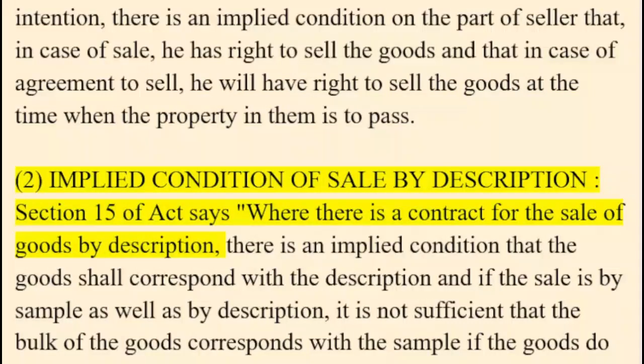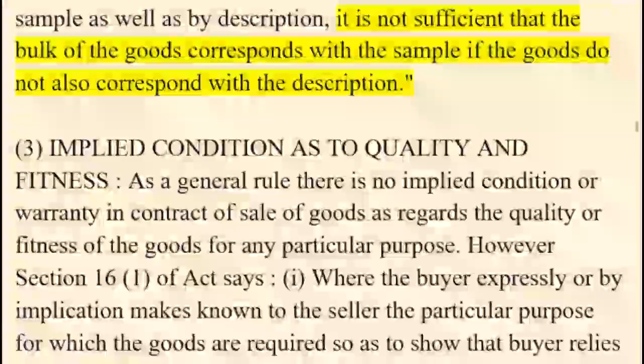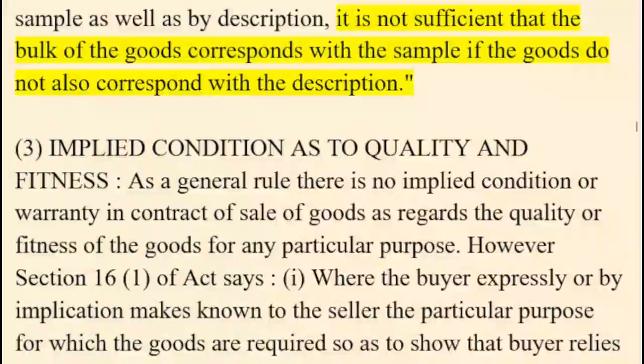Section 15 of the Act says, where there is a contract for the sale of goods by description, there is an implied condition that the goods shall correspond with the description, and if the sale is by sample as well as by description, it is not sufficient that the bulk of the goods corresponds with the sample if the goods do not also correspond with the description.